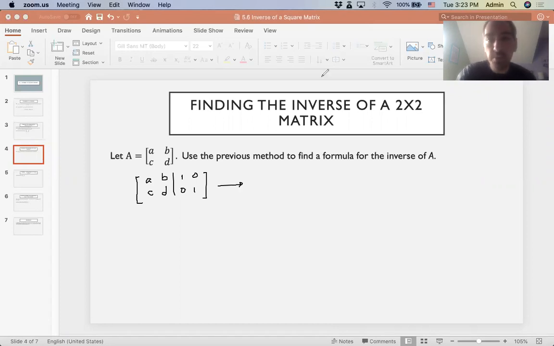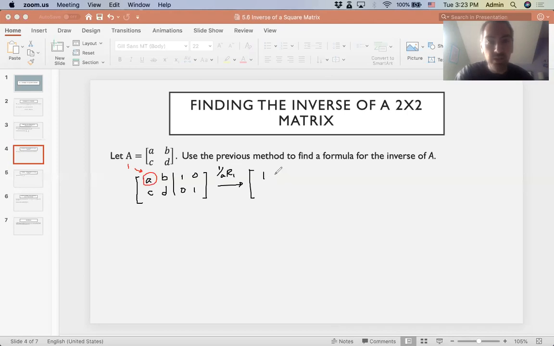So the first step is we want that first entry in the first column to be 1, right? It's an A right now, so I can multiply by 1 over A to get that to be a 1. Okay, so I'm multiplying row 1 times 1 over A. A times 1 over A is 1.